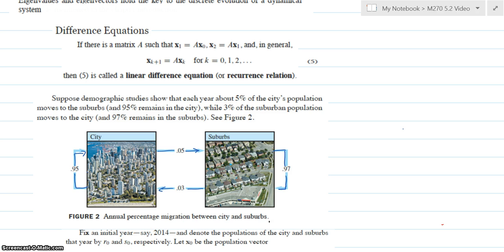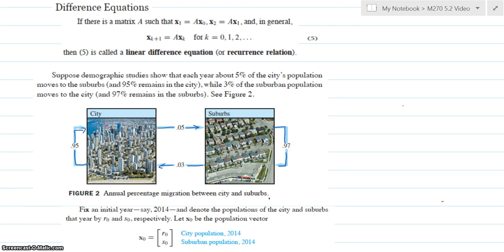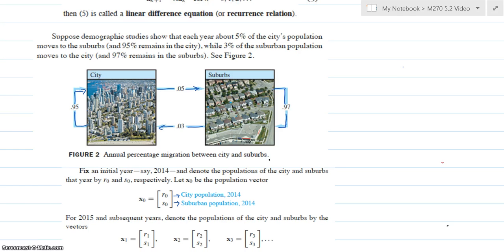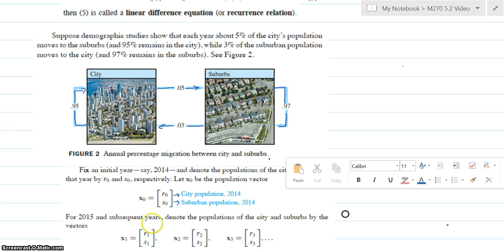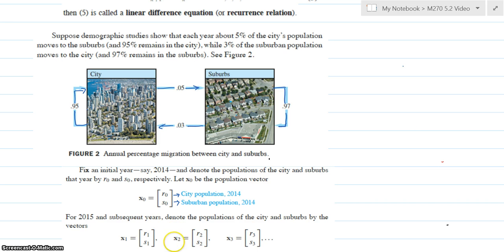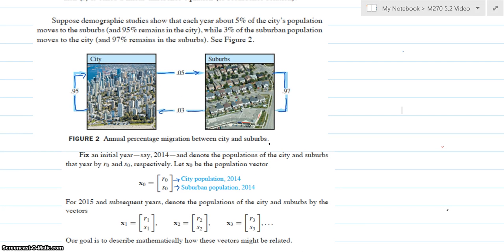We're going to let X naught be the population vector, R naught, S naught. Again, R naught is the city population in 2014, S naught is the suburb population in 2014. And for all the future years, X1 would represent 2015, X2 would represent 2016, and so forth. Our goal is to describe mathematically how these vectors might be related.